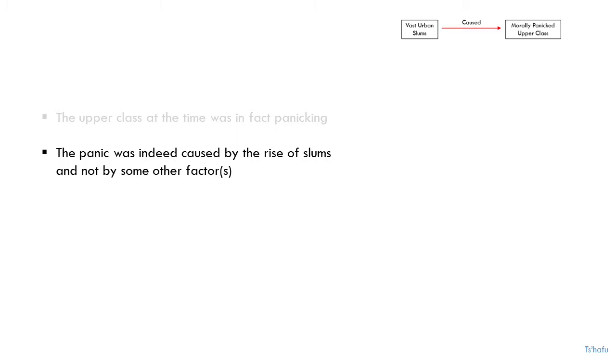I mean, what, do you send the bears into school and thereby control them? No. It would be ludicrous. It would be nonsense, right? So in that respect, the author has to convince us that it is indeed the case that the vast urban slums caused the moral panic. Otherwise, we're not able to complete the chain. Again, that takes a whole bunch of pages.